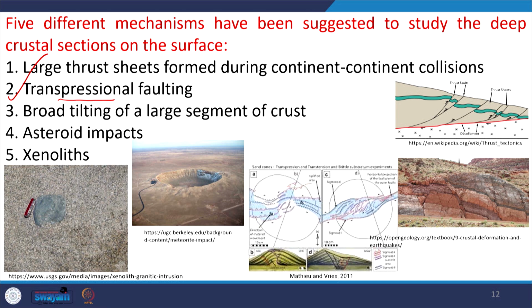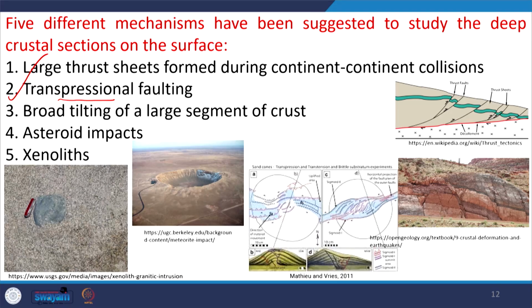Third is the broad tilting of large segments of the crust. Tilting is a very common phenomenon in tectonically active regions. Suppose one fault block is bounded by two faults, and at one end we are overloading by thrust. Once we are overloading, there will be tilt.